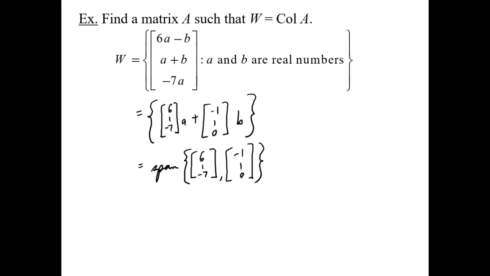Well, that means that this is the column space of A, where the columns of A are just those two vectors, 6, 1, negative 7, and negative 1, 1, 0. We're looking for vectors that span the entire set W, and those vectors are going to be the columns of my matrix A, because the column space is the span of those columns.